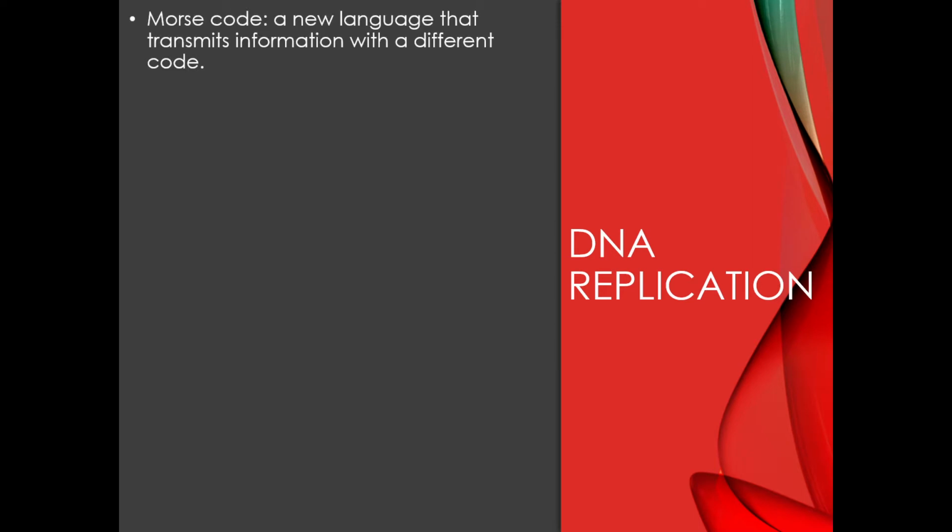Alright, so we're going to jump in directly to some historical information and some generalities about DNA replication. So, first of all, we are going to analyze the Morse code, which is a new language that transmits information with a different code. Basically, what Morse code does is transfer certain messages with the support of a different code, such as, let's suppose that you use a flashlight.